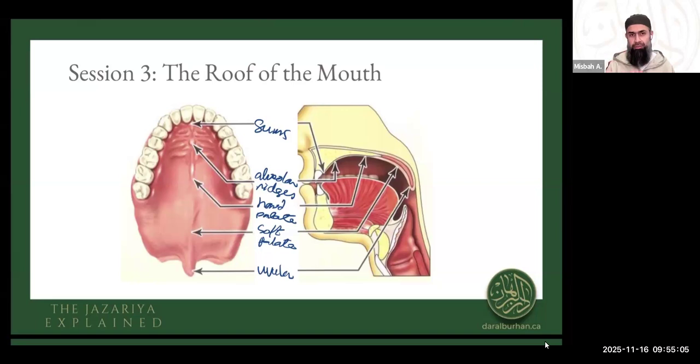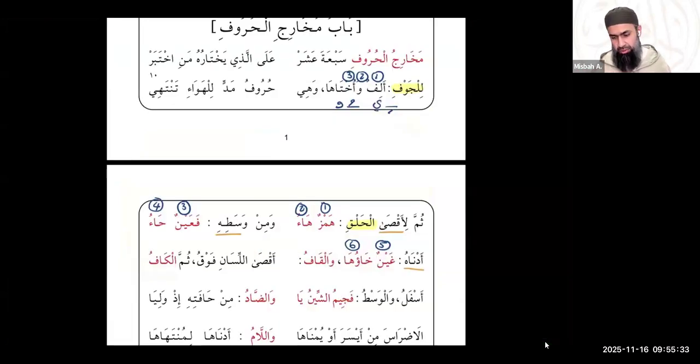This is why it's important to have the roof of the mouth in your mind as you think about the tongue, because the tongue, as you know very well, is going from right at the top of the throat all the way inside. So it's going to carry on all through this area. Okay. So now that we have this in mind, let's go to Imam Ibn Jazari's text and continue. All right. So Imam Ibn Jazari, rahimahullah ta'ala, we start right at the top.